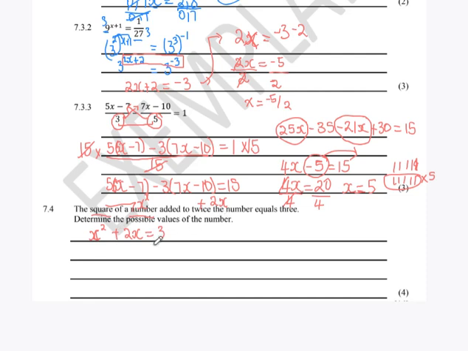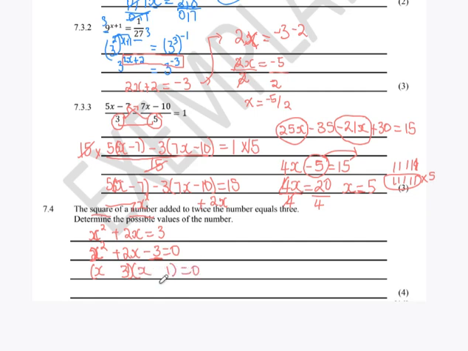So let's solve for x. x squared plus 2x minus 3 will give us a 0. So two numbers that you multiply together to give you 3. So it's 3 and 1.